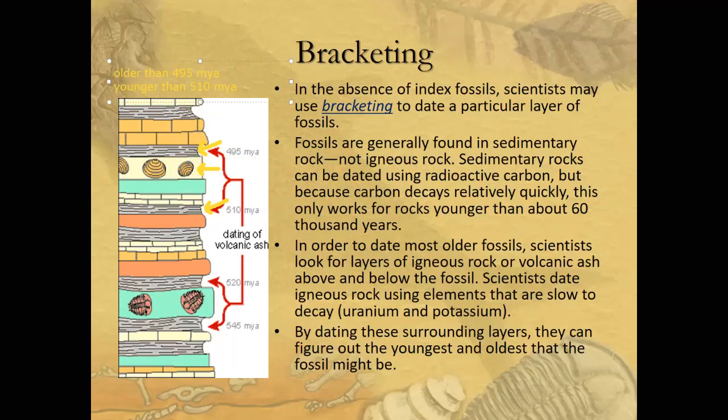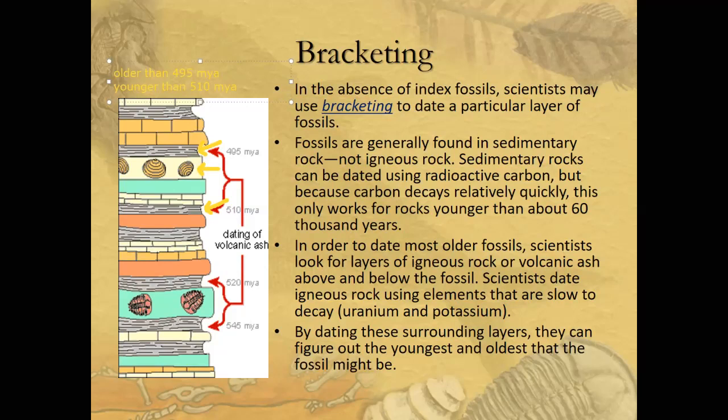Okay. Fossils are generally found in sedimentary rock, those layers coming down and being deposited in rivers, lakes, and streams. These rocks can be used in carbon dating, but for older things like these millions of years ago that we're looking at here, this doesn't work.